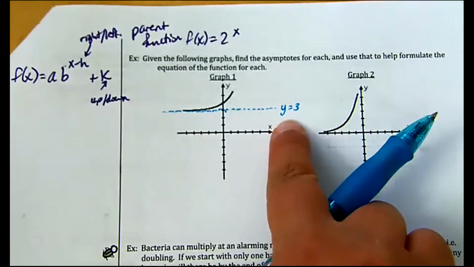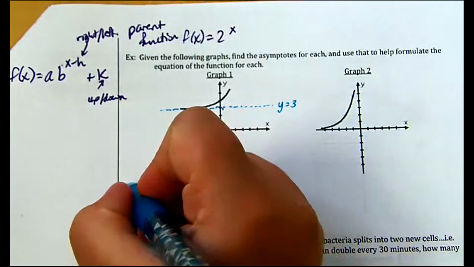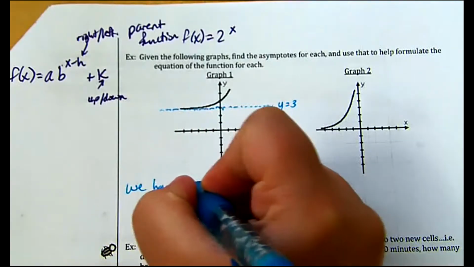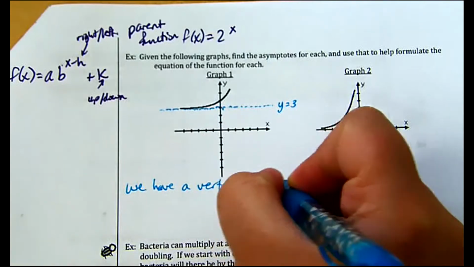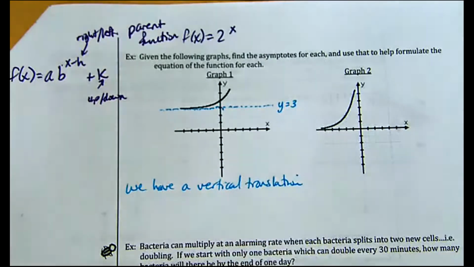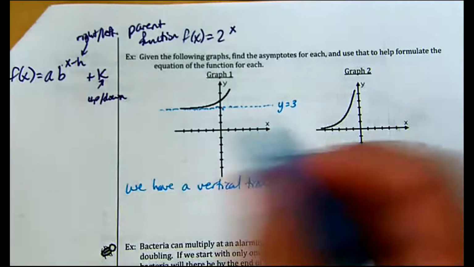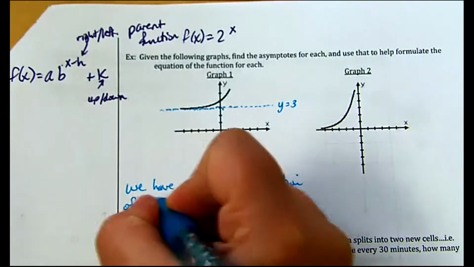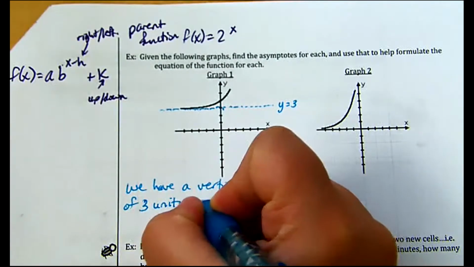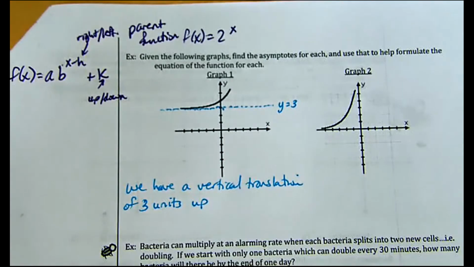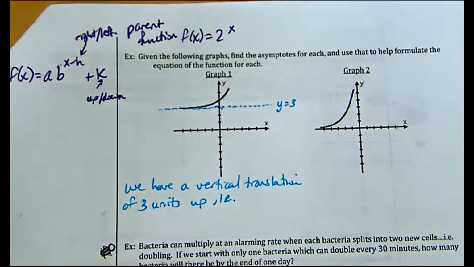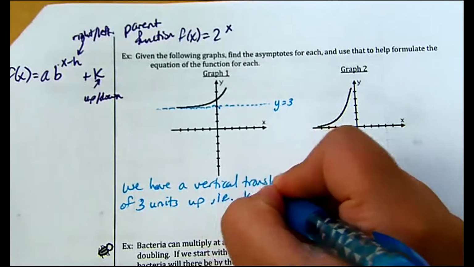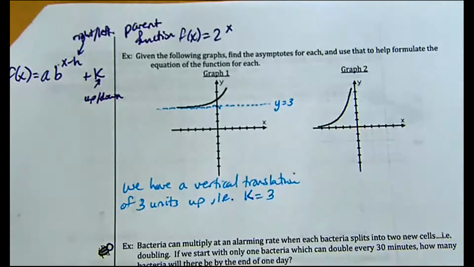Which means over here, we had a vertical translation of 3 units up, i.e., we have a k equals positive 3 situation.